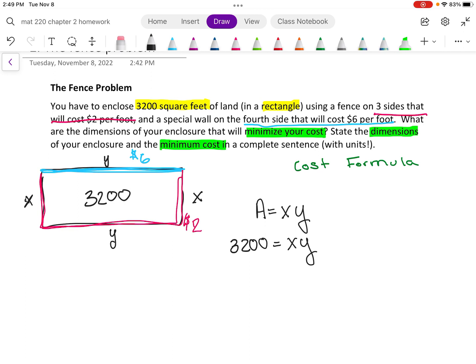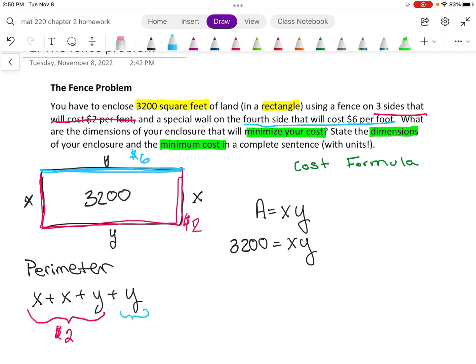Now, the perimeter of this object, or this fence, perimeter, would be X plus X plus Y plus Y. And I wrote it this way because these three sides that I've sort of bracketed in pink, they're my $2 per square foot side. And this extra Y here, that's my $6 per square foot side.